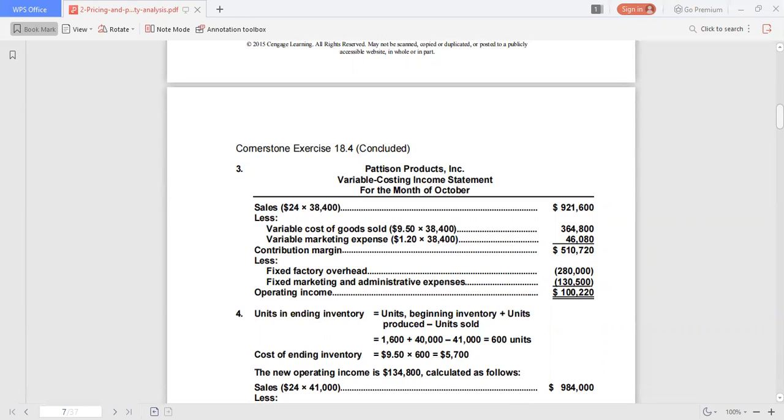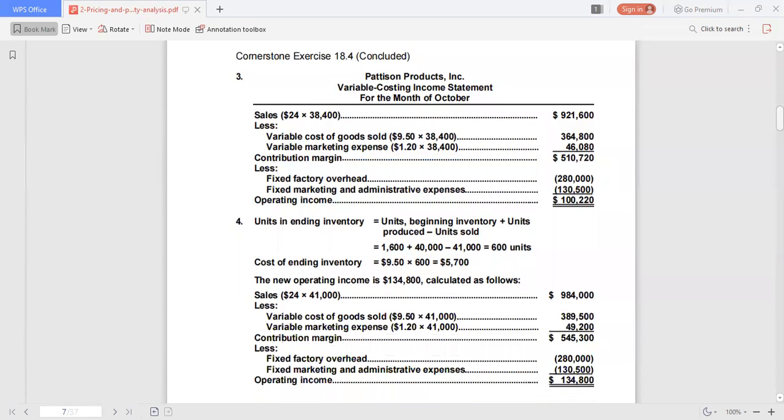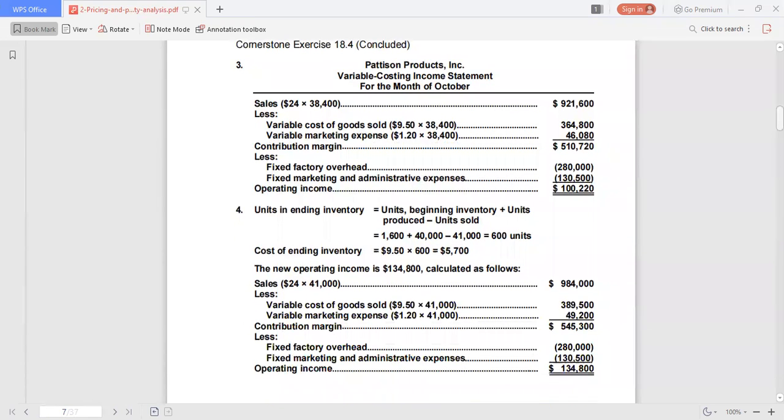So we have 600 units in the ending inventory by November. So the cost of the ending inventory is 9.50 times 600. So it's only 5,700.